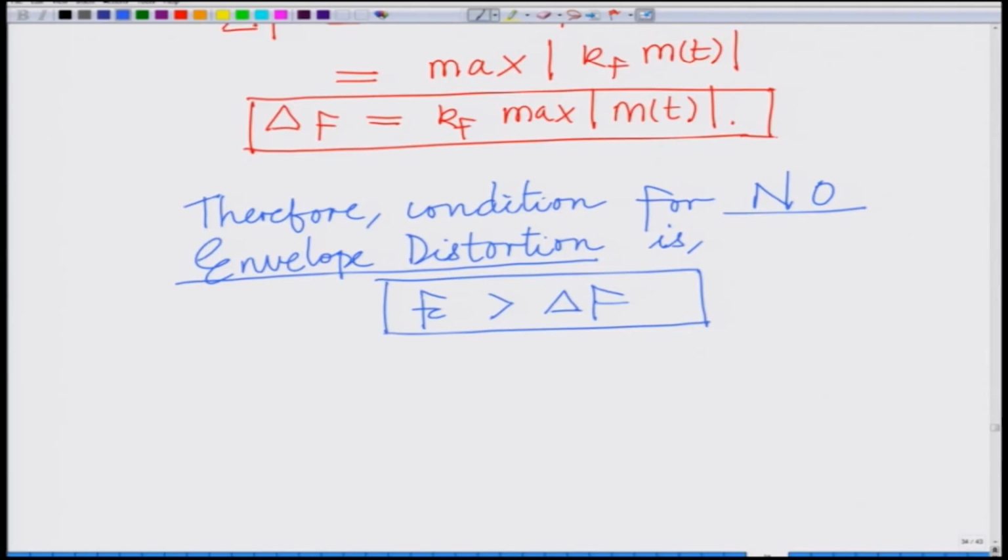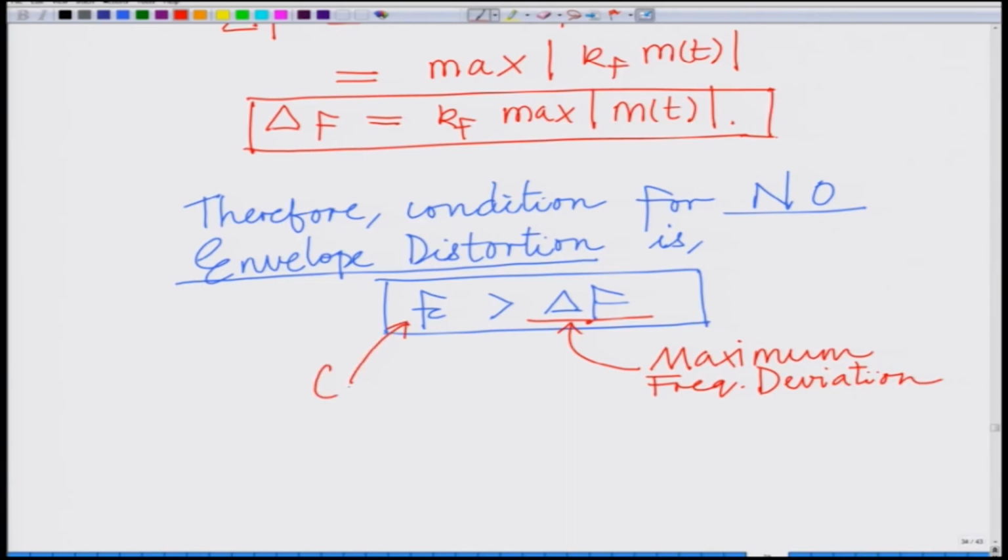Remember, this is your maximum frequency deviation, and this is your carrier frequency.